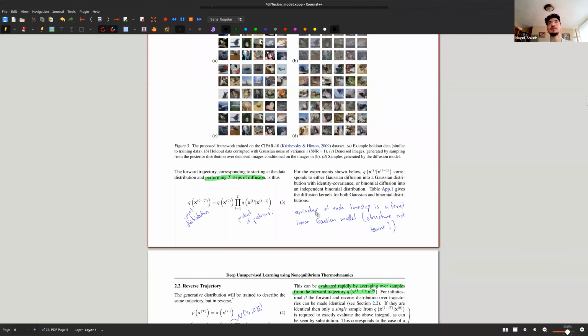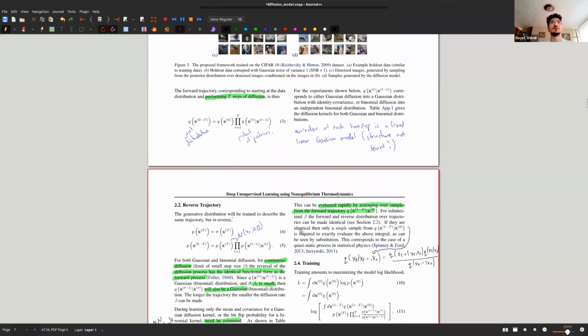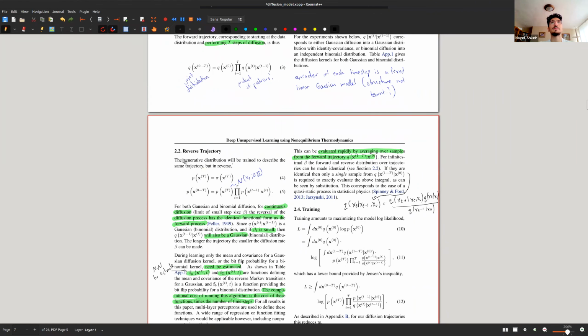Okay, so this is the forward trajectory, and then there's the reverse trajectory, where the generative distribution will be trained to describe the same trajectory, but now in reverse. You start from your normally distributed isotropic Gaussian noise at X capital T, and then you go back to your data X0.